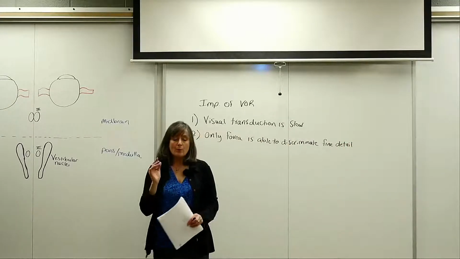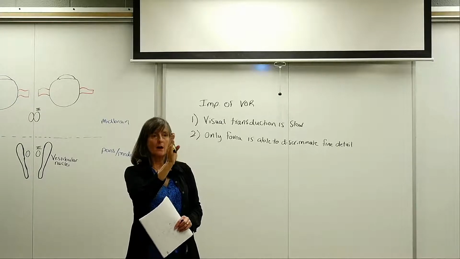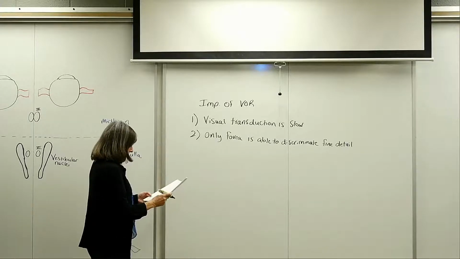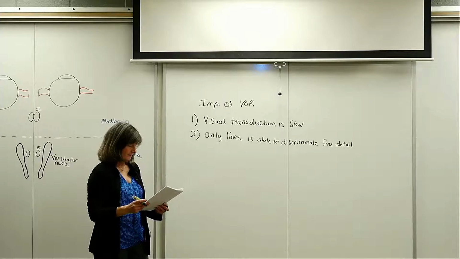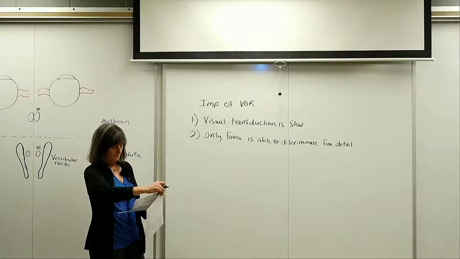So if we have an object of visual interest, we want to be able to focus our fovea on that object of interest and do it quickly. I guess there's only two.